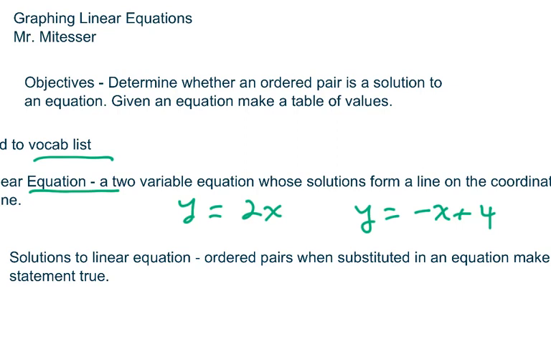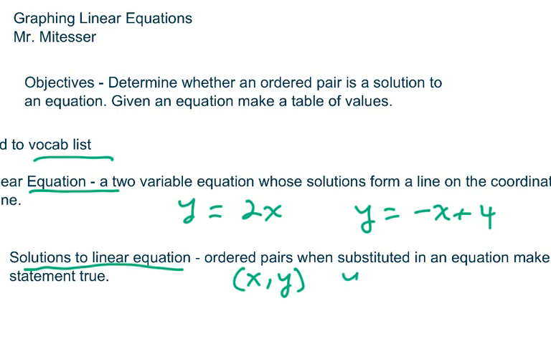The next term will be solutions to a linear equation, and those are ordered pairs, like x comma y, that when you substitute into an equation, make the statement true.